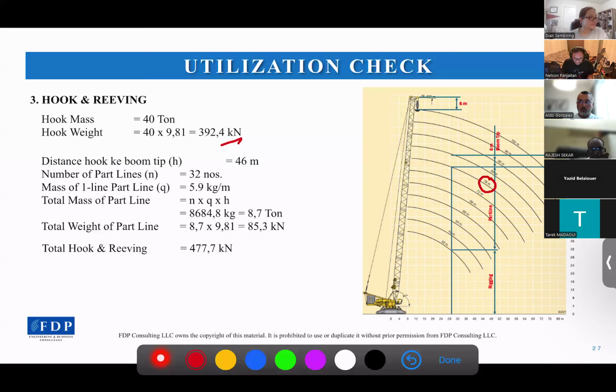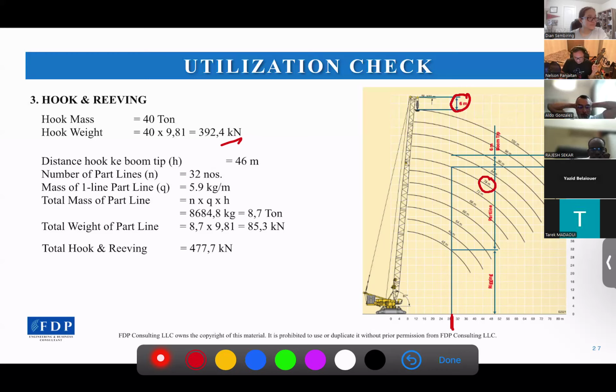And the radius is 29 meters, 29 meters is approximately here. So by assuming the minimum distance from boom tip to hook is 6 meters. For this you can refer to the manual book.